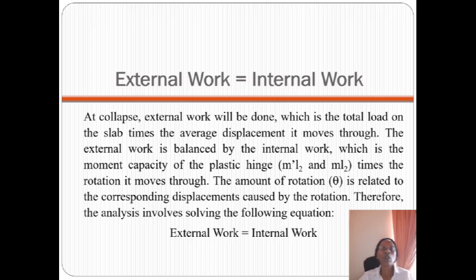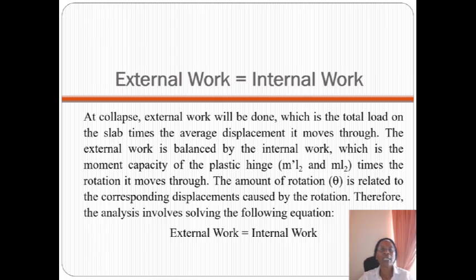The external work that is done by developing these yield lines will be equal to the internal work done at collapse. The external work is the total load on the slab times the average displacement it moves through. And the external work, of course, will be balanced by the internal work.